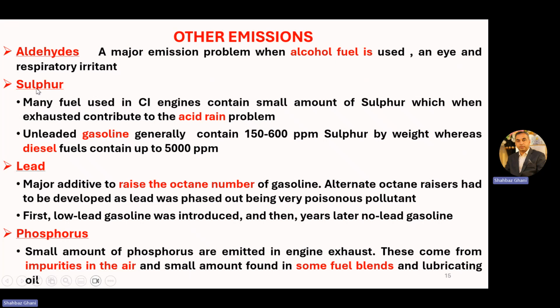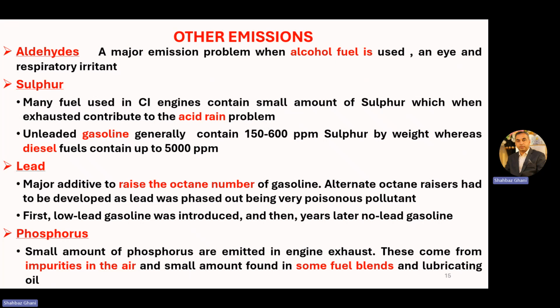When sulfur is in the emission, many fuels used in CI engines contain a small amount of sulfur, which when exhausted contributes to the acid rain problem. We will study this in the same chapter in the second part.